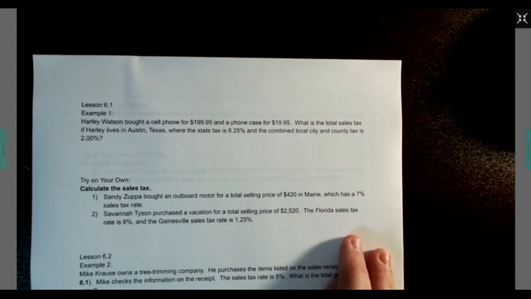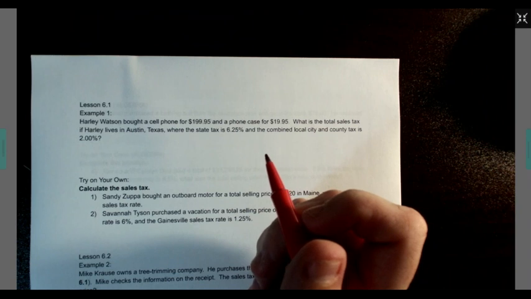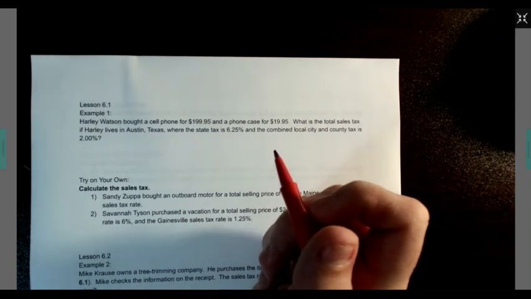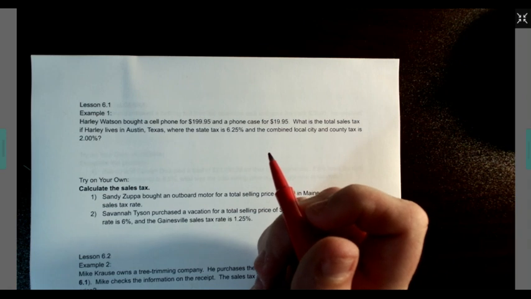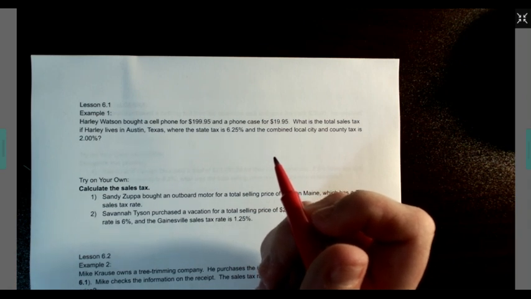Today's example for lesson 6-1 says, Harley Watson bought a cell phone for $199.95 and a phone case for $19.95.